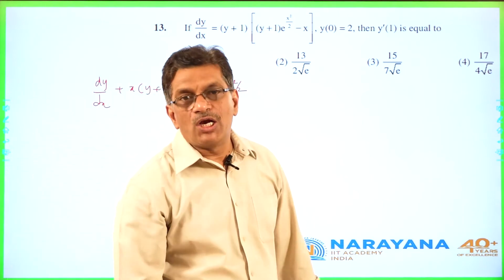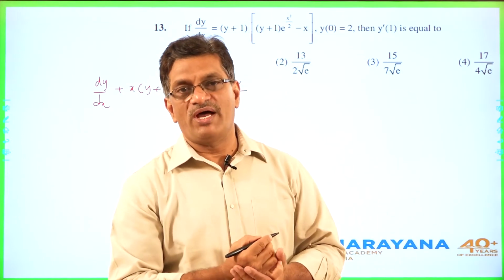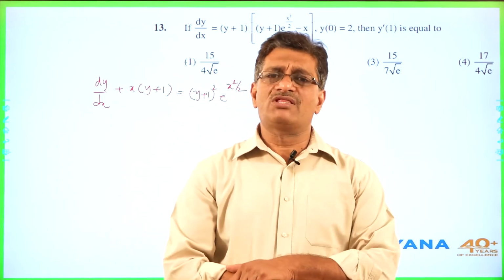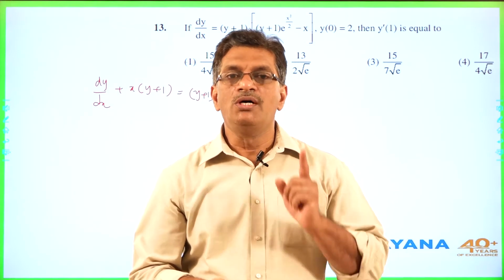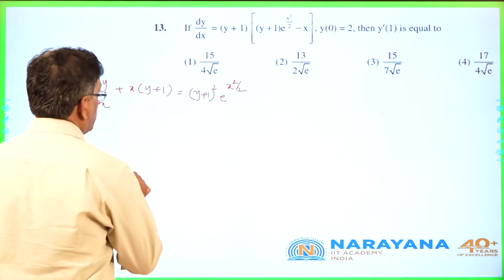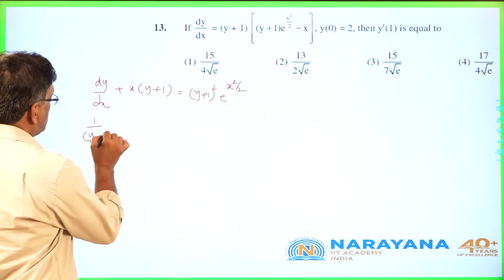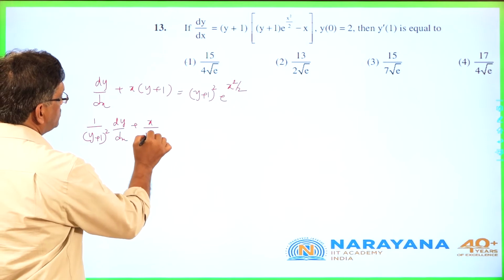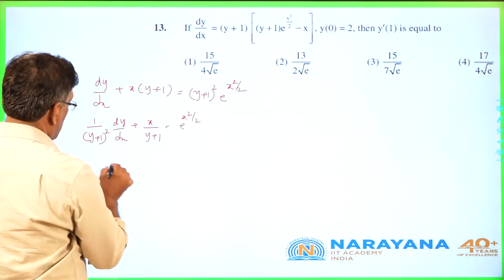It is like a Bernoulli's differential equation, because a function of y is there on the right side. By dividing with the function of y on both sides, we have to convert it into a linear differential equation. It is like this: 1 by y plus 1 whole square dy by dx plus x by y plus 1 is equal to like this.